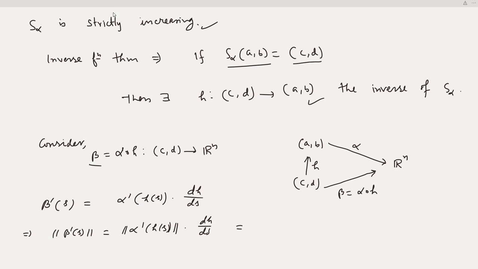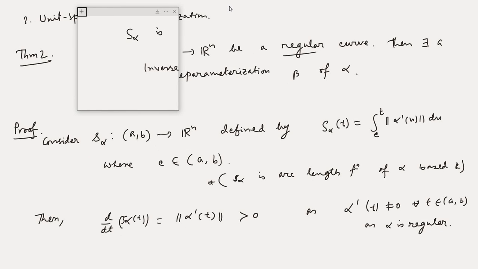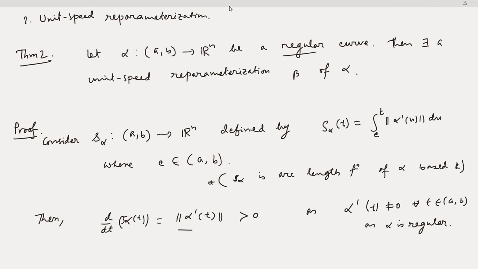What is norm of alpha prime of h of s? One can see that norm of alpha prime of t is equal to the derivative of S alpha with respect to t.